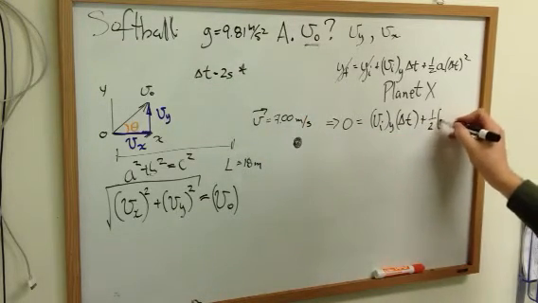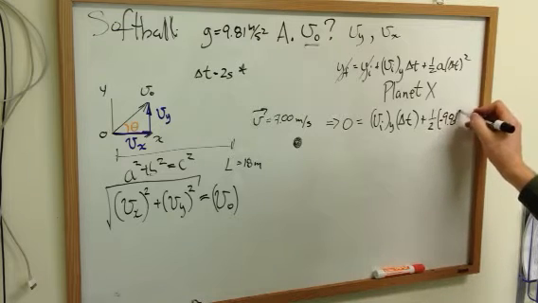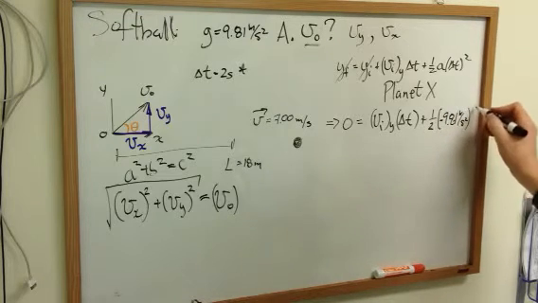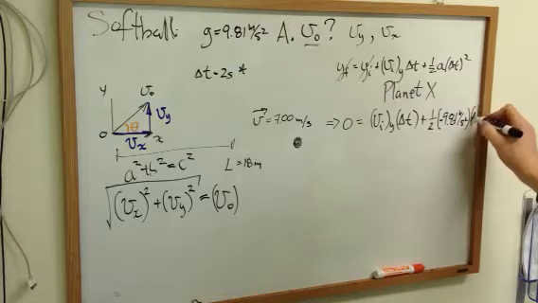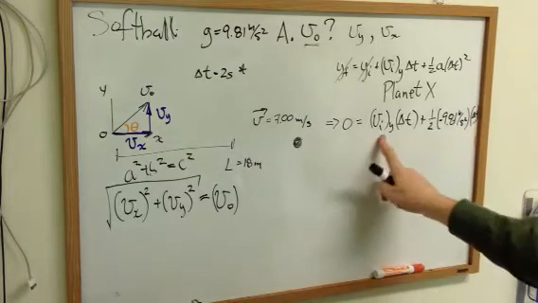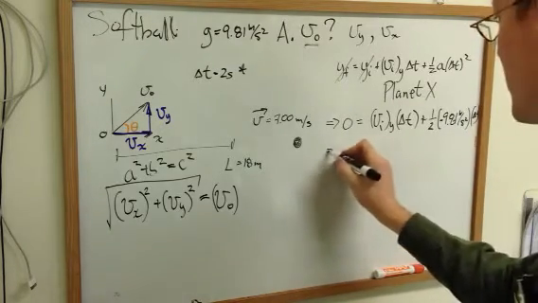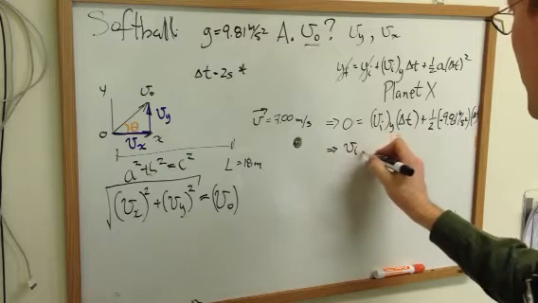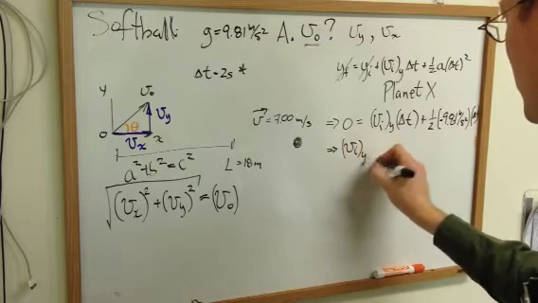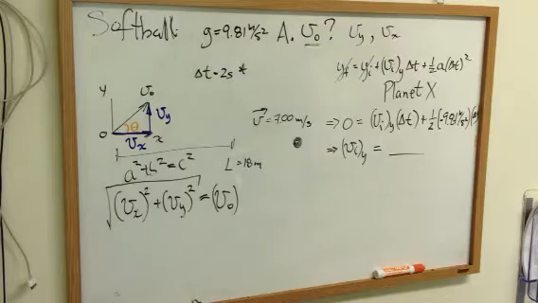So don't forget that it's going to be negative 9.81 meters per second squared. And we have a time, substitute that in. There's a delta t. So we know everything except Vy. Therefore, you can solve for Vy, the initial velocity in the y direction.